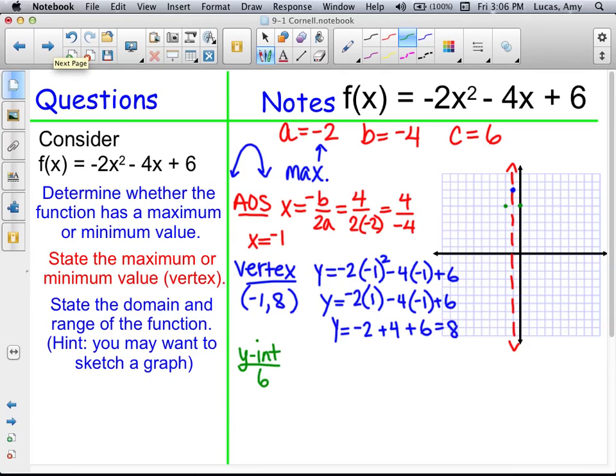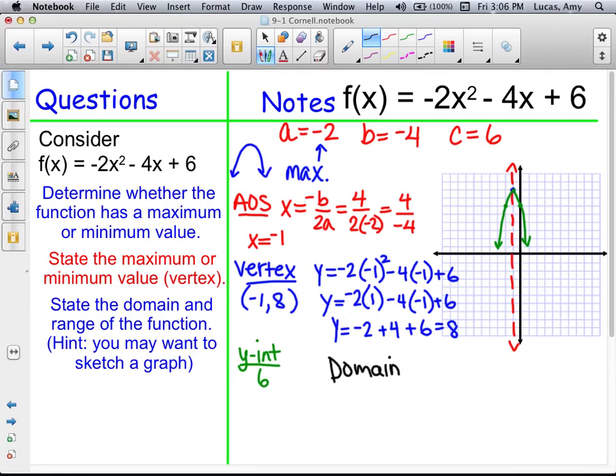So right here is going to be another point that is on our quadratic. Then I can draw the graph like that.